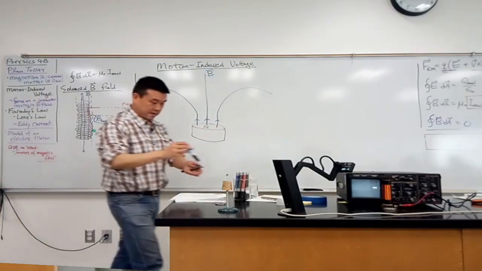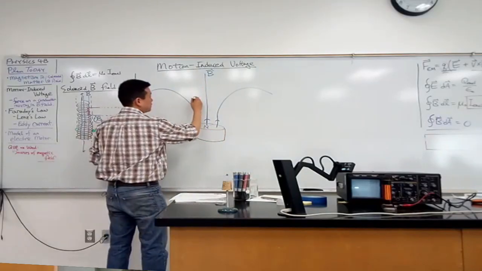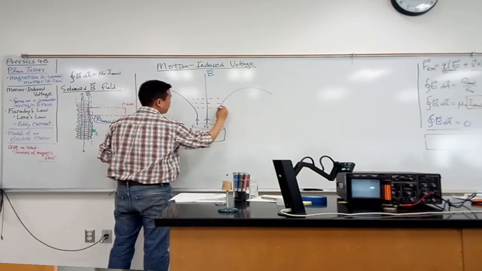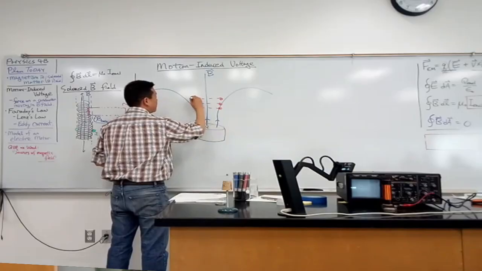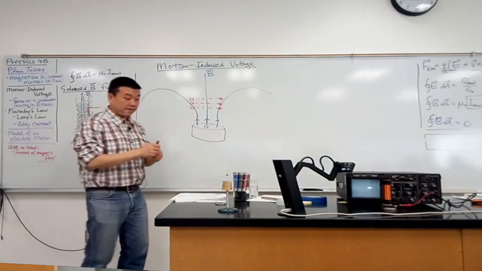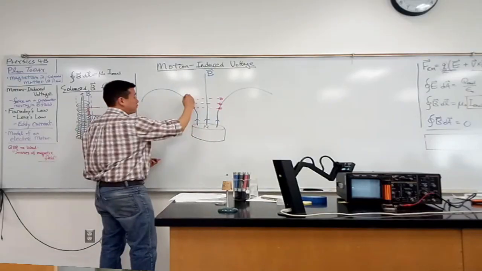And what you are seeing is that when I move a coil of wire, let me illustrate with this 3-coil wire thing. My actual coil has more, but when I take this coil of wire and either move it up or down, that generates voltage.